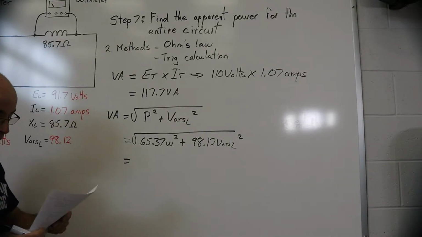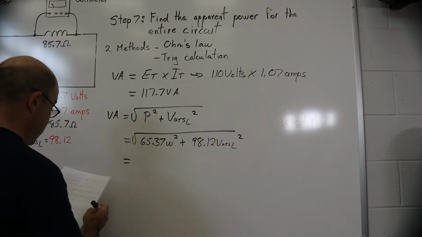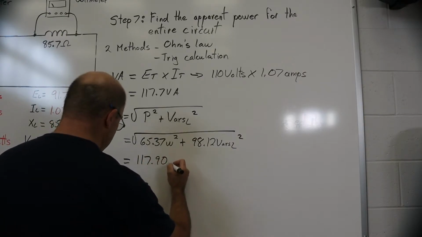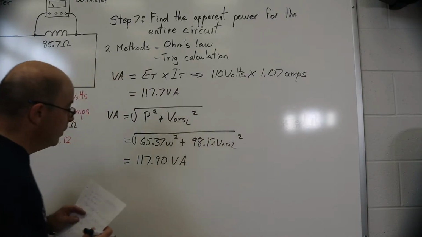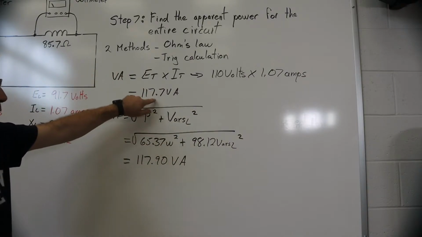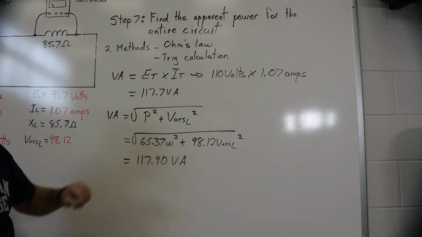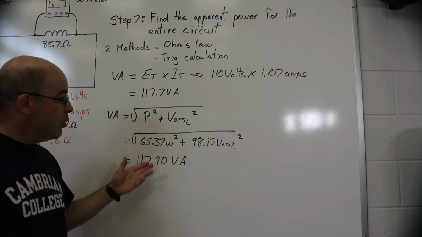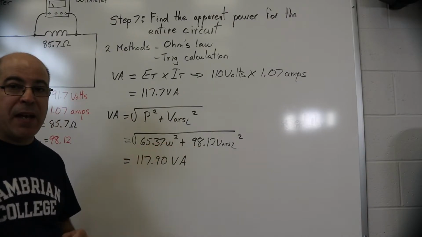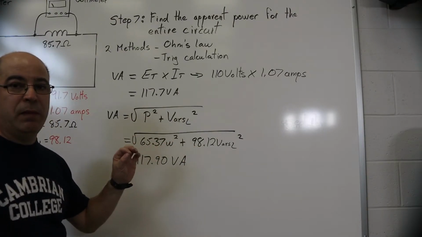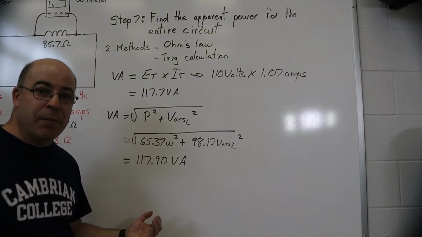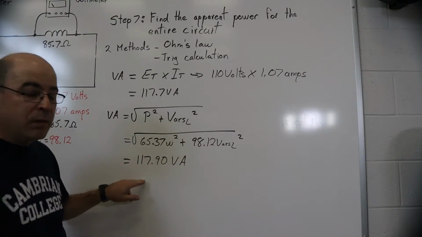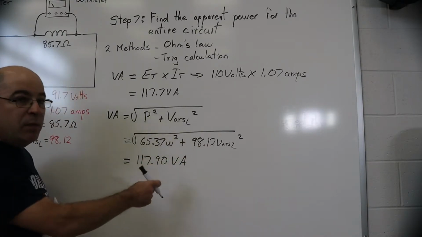Putting this into a calculator, you will get 117.90 VA. So you can see that you have a very, very close alignment of the two formulas, and if anything, it's just because of the fact we've rounded these values as to why they're not perfect. But certainly they are acceptable. And so I'm going to be using this formula, and I'm going to input this value into my chart.